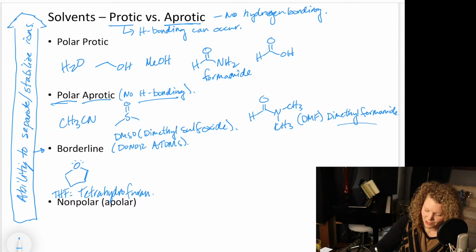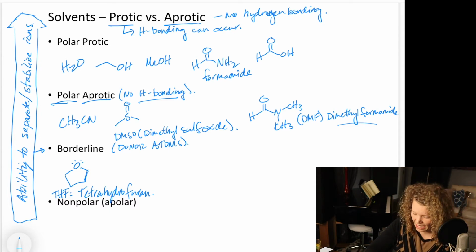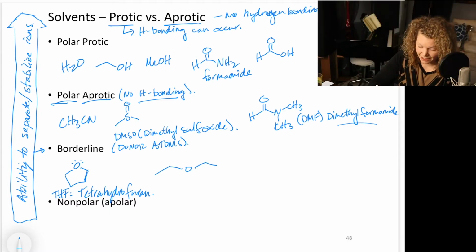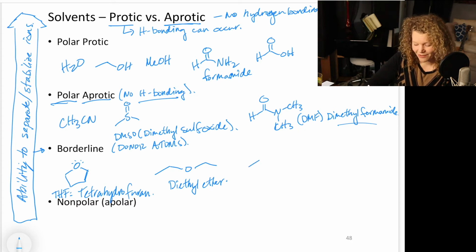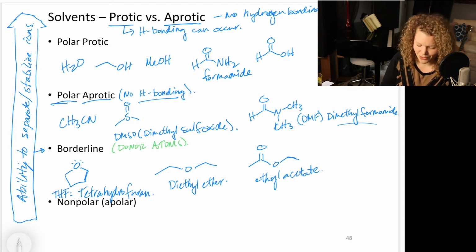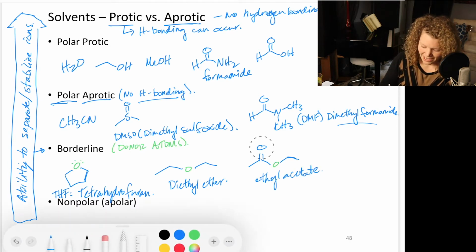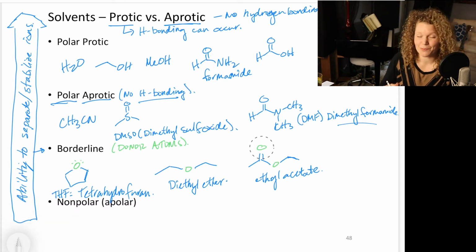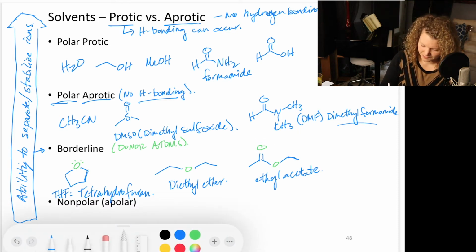So think about THF, that's a really common one. Diethyl ether, really great solvent here. We're going to use this a lot in our class as well. And then also ethyl acetate. So these donor atoms here have lone pairs that can help stabilize charges.